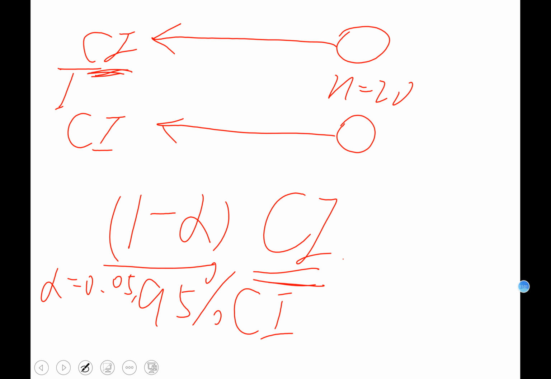And when we are talking about a 95% confidence interval, that means this range will include the mu, but the probability of the range including mu is 95%, not exactly 100%.